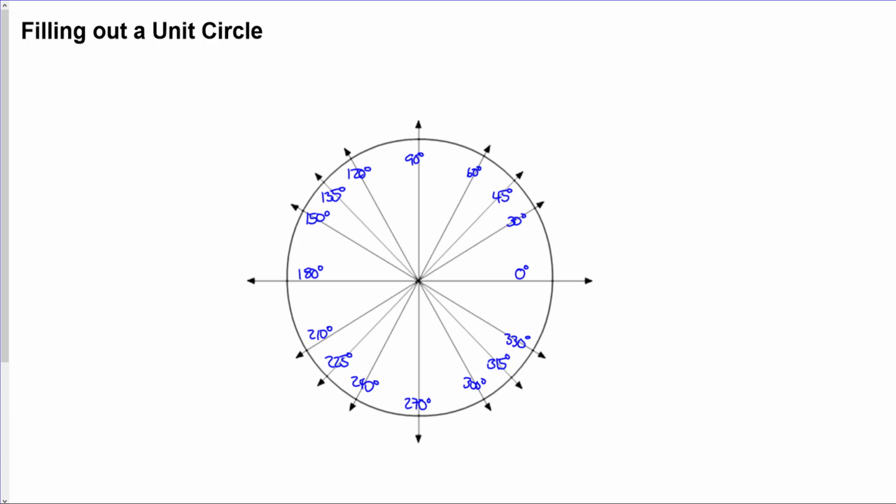Now, if you want them in radians, the one thing that I mentioned that you could do is basically think of all of these as 15 degree angle differences.